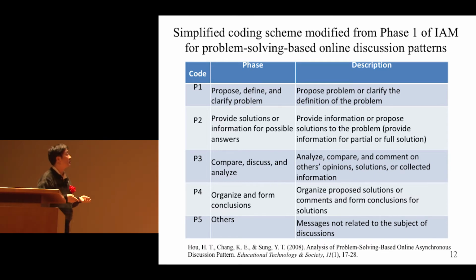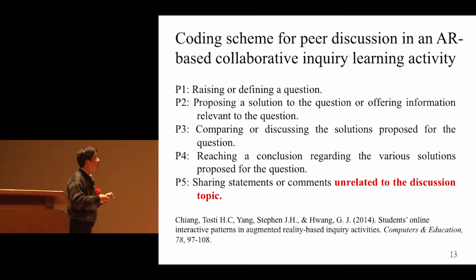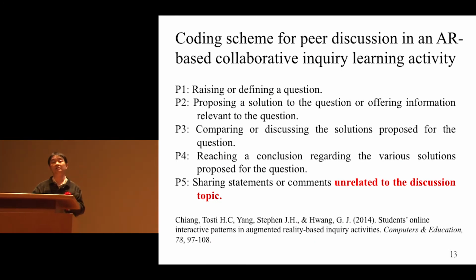So I'm going to present you a study made by Professor Yang Steven and me, and of course our students. In this study, we try to engage students in an AR-based, augmented reality-based collaborative inquiry learning activity.